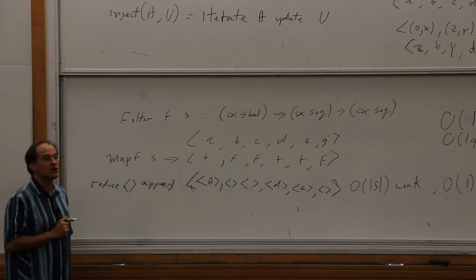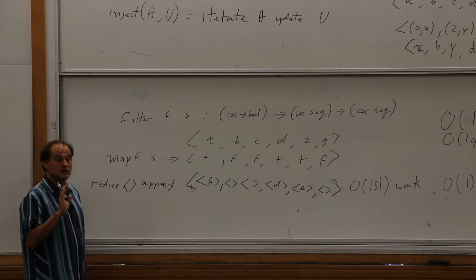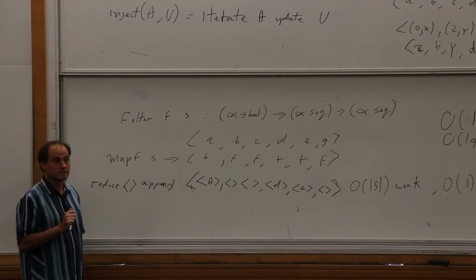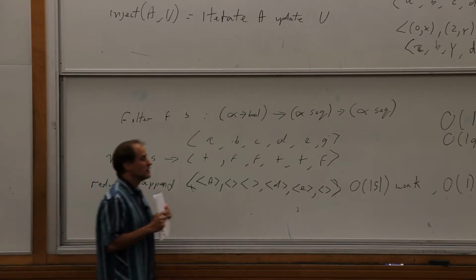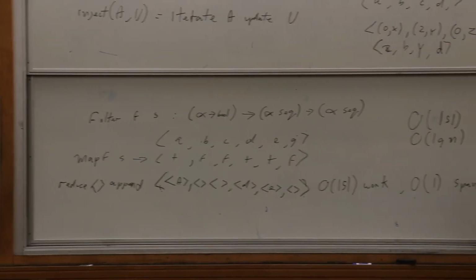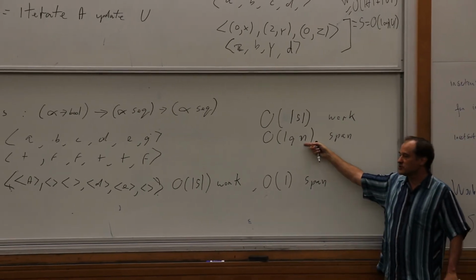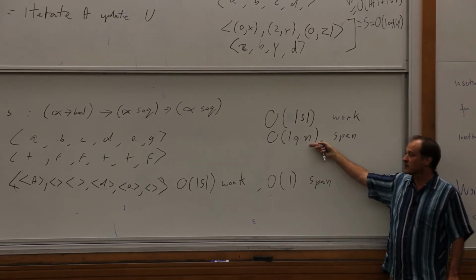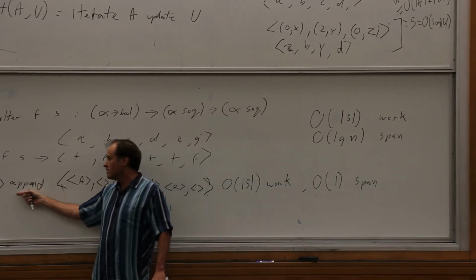We're just going to append all those things together. Append is an associative function. So that's a solution, very good. The question is, do I get my bounds here? I claim I actually do get my logarithmic bounds, because we just showed that reduce is logarithmic span, and append is constant span.